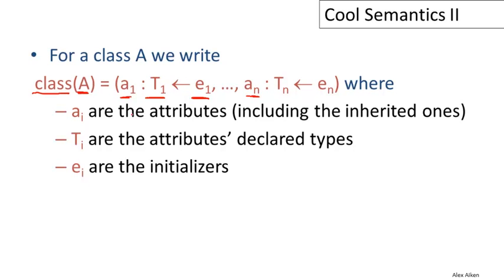One other important feature of this list is that it includes all the attributes of class A, including the inherited ones. And there's another detail, which is in what order these attributes appear. This will actually become important when we define the semantics of how attributes are initialized. And the rule is that attributes are listed in greatest ancestor first order.